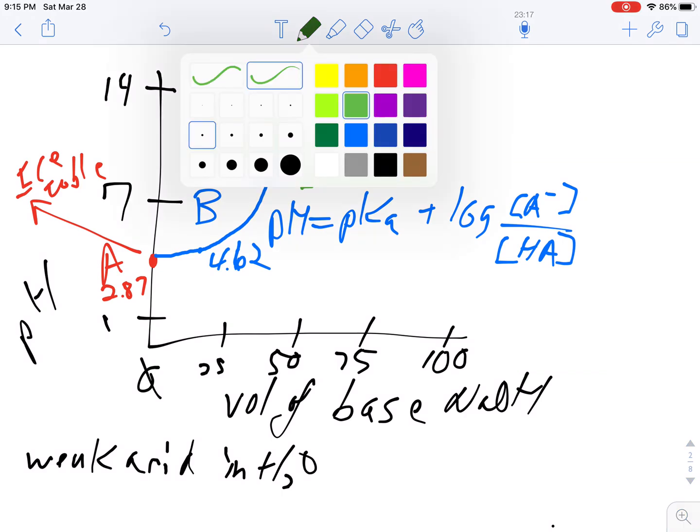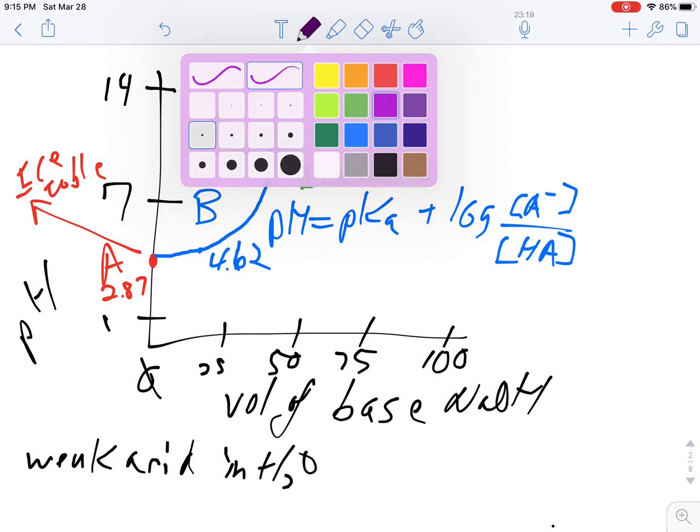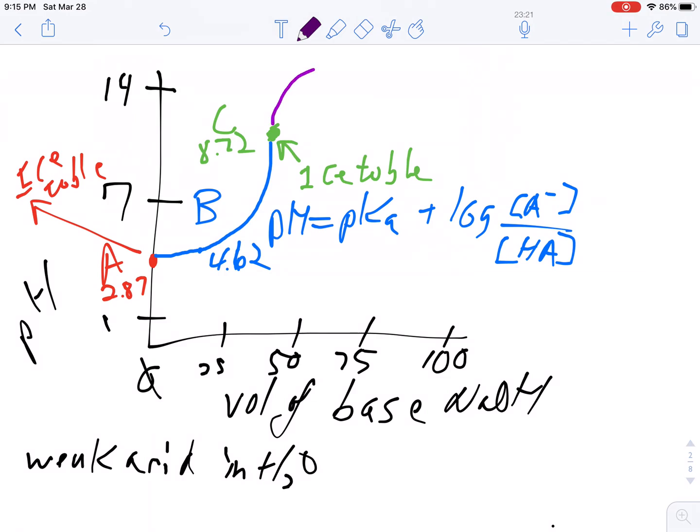So for the rest of the problem, your curve is going to do that. That's section D. And in section D, it gets easier. All you have to do is calculate the pH of a strong base.